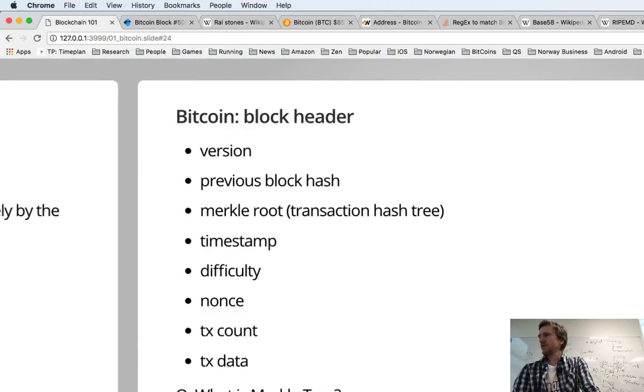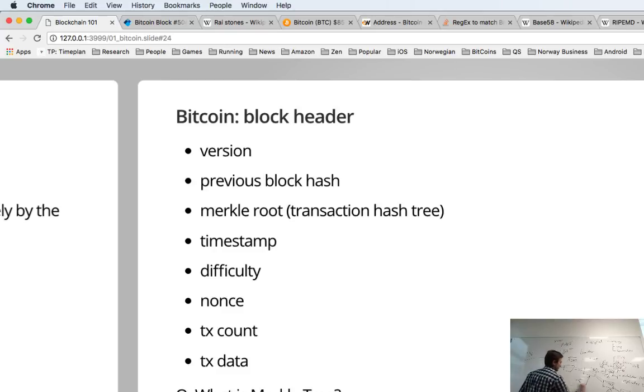Okay, any other questions about the structure of the header and the mechanics of mining and the mechanics of choosing the longest chain? We have a question, what is a Merkle tree? So I was saying that there is a Merkle tree hash which needs to be included into the hashing of the block data.